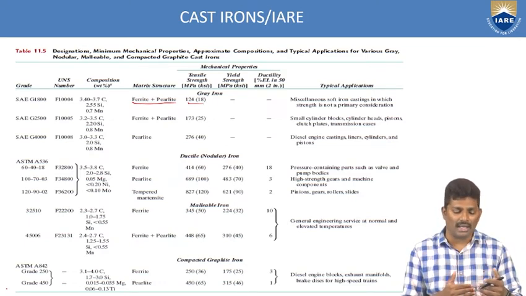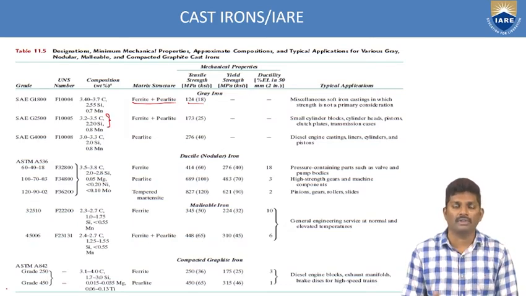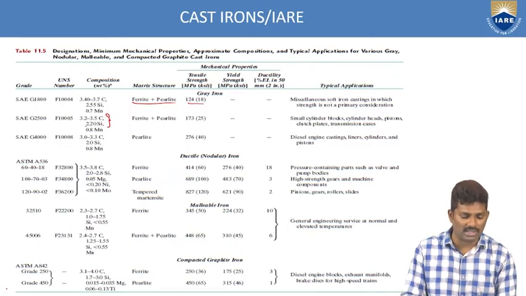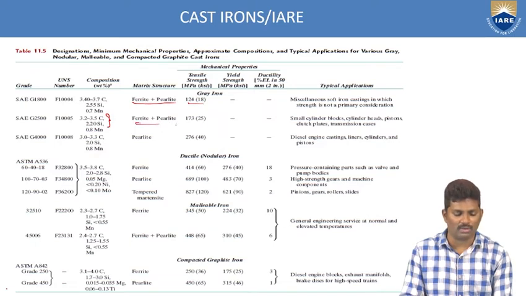Like that, one more you have is SAE G2500. Again, if you see the compositions, it differs from the previous one. So what is the range of carbon here? 3.2 to 3.5% of carbon, 2.20 of silica, and 0.8 of magnesium. And if you see the matrix, it looks almost the same, ferrite and perlite.